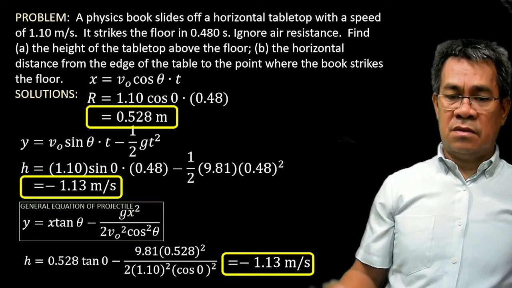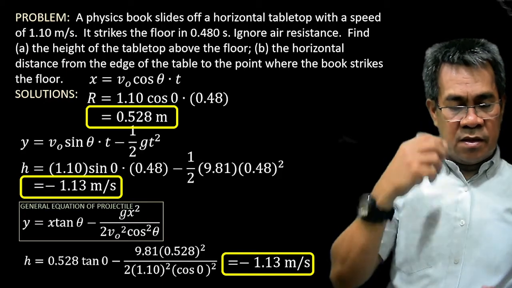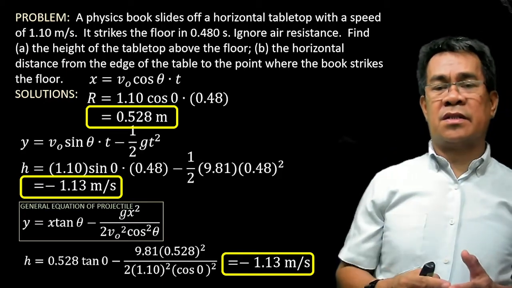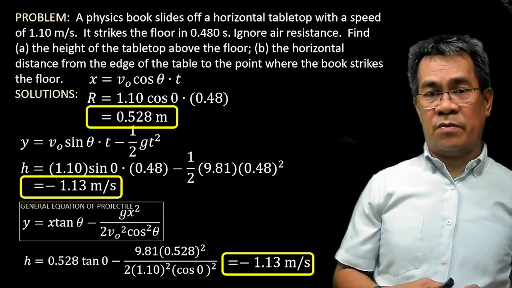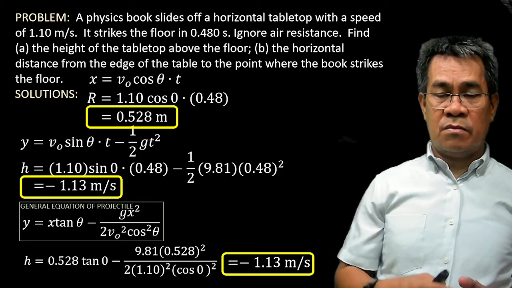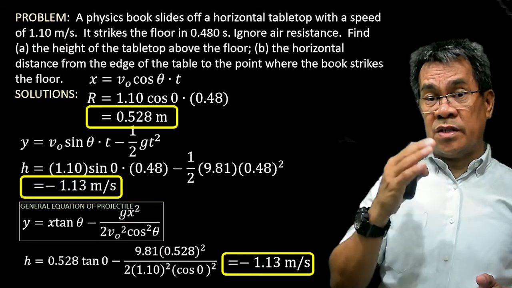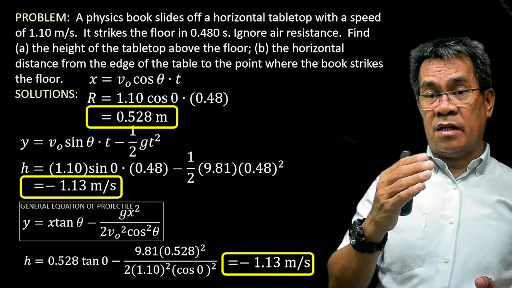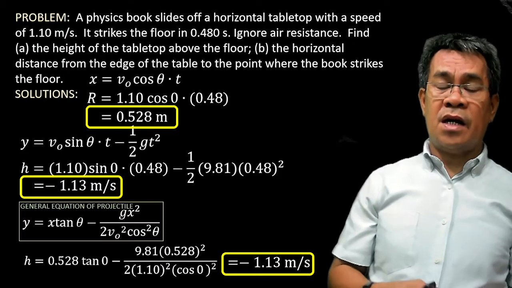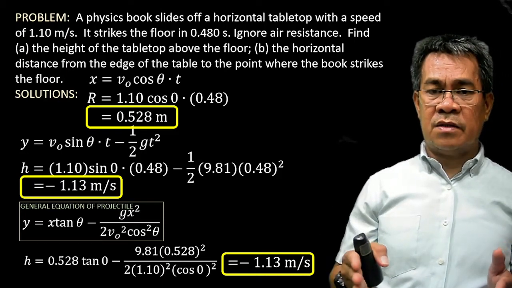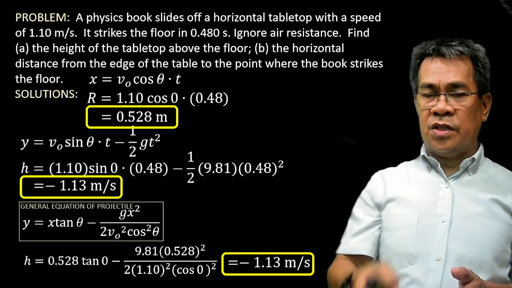Okay, so again, this is how to solve problems in the idealized model of projectile motion. Be sure to pick up the givens and make sure that you understand the problem. The first thing to do when solving is to be sure that you have the Cartesian.